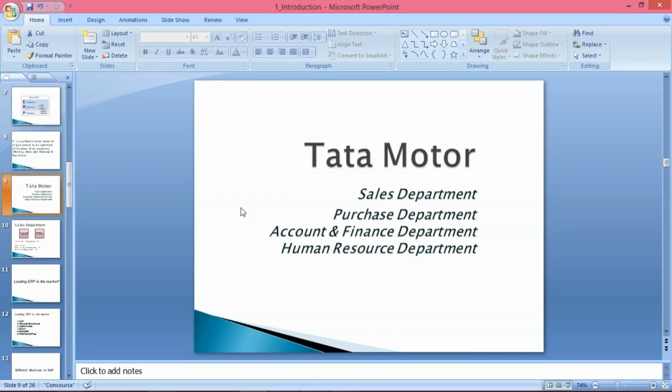Apart from these there are lots of other departments, but I've written only four. These are the major departments of any organization: the sales department, purchase department, finance and accounts department, and human resource department, that is the HR department.